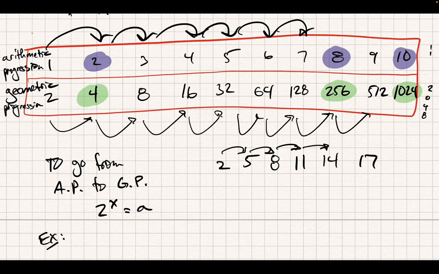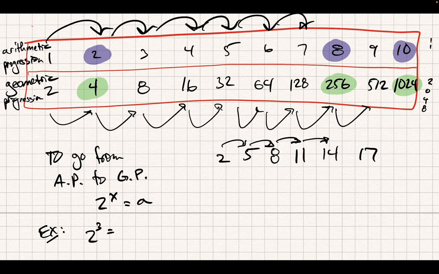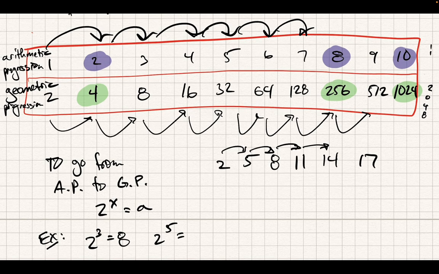What's AP to GP? Arithmetic progression to geometric progression. To go from the arithmetic progression to the geometric progression, it's 2 to the x equals a. For example, 2 cubed is 8. 2 to the 5th is 32. 2 to the 11th is 2048. 2 to the 9th.